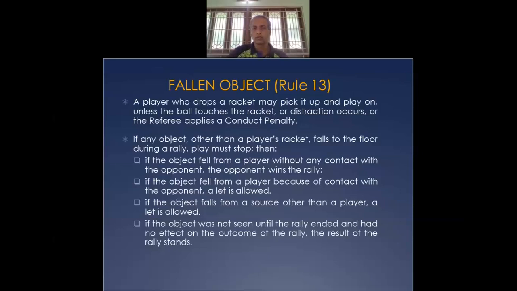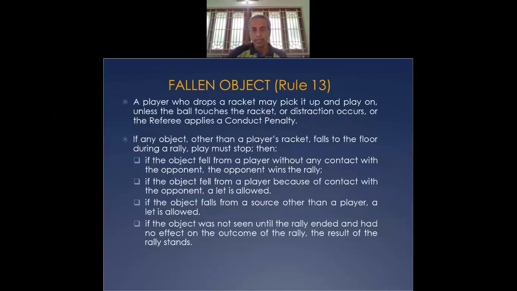From the racket, you might have the damper, a small ball-like thing, which we have mostly in Dunlop rackets. If that falls, it's not part of the racket, so it is a player losing part of the racket. If the whole racket falls, the player can pick up the racket and play the rally.